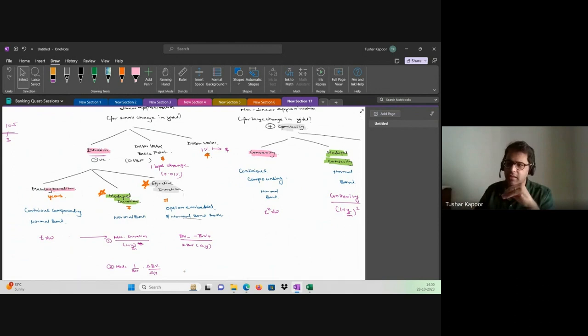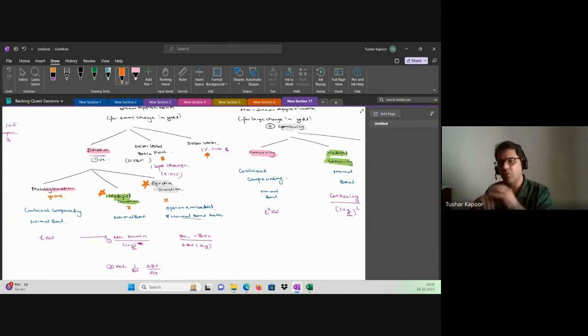The three starred versions, modified duration, effective duration, and effective convexity, are going to be tested more elaborately. The discussion on Macaulay duration, convexity, and the remaining part might just be very preliminary.